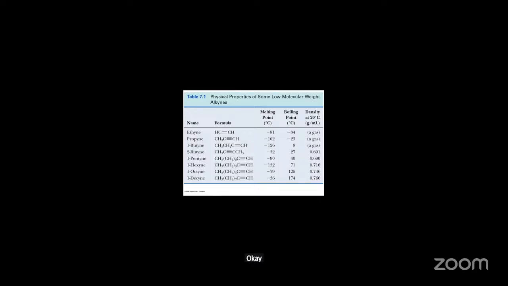Now, look at what happens if you look at pent-1-yne and but-2-yne. You can realize that my but-1-yne has 126 and my but-2-yne has 32, meaning that but-2-yne has a higher boiling point than but-1-yne.